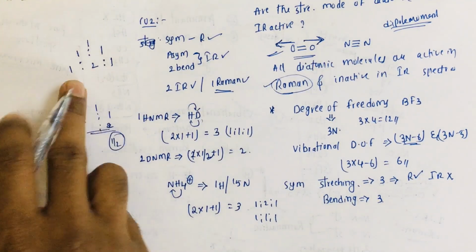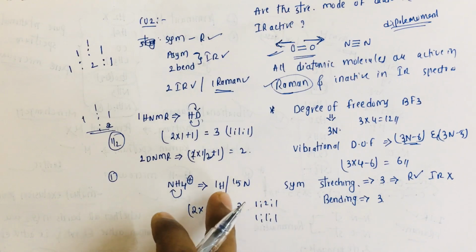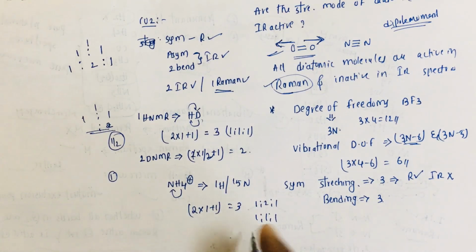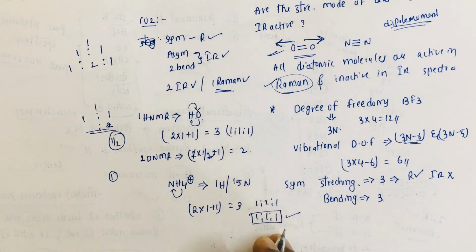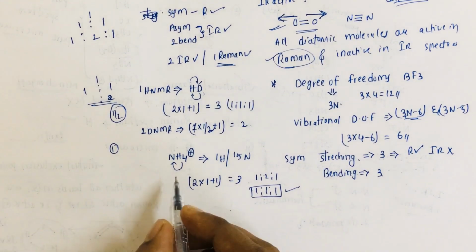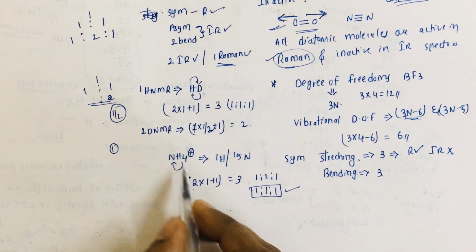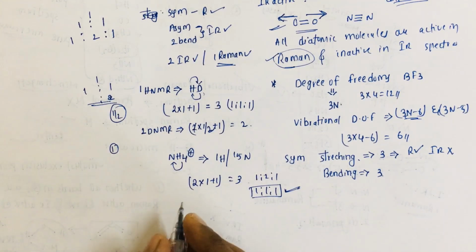So this diagram is not applicable for the atoms which are having a spin of 1. Okay, so when we record 1H NMR for NH4 plus compound, we'll get peaks of 1 is to 1 is to 1 ratio.